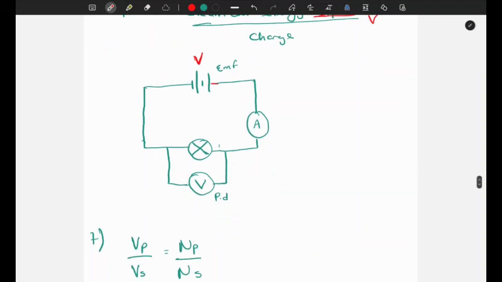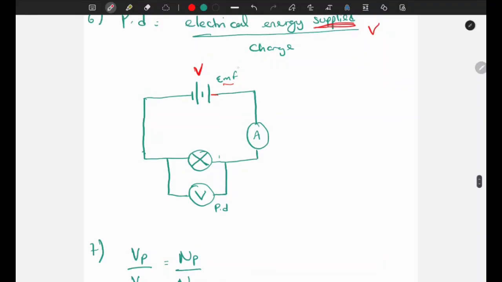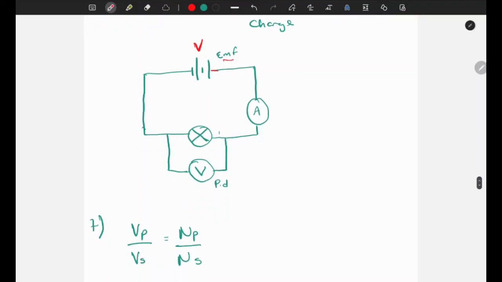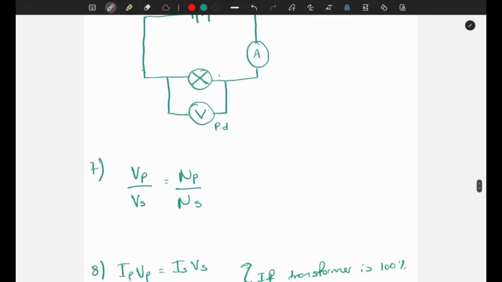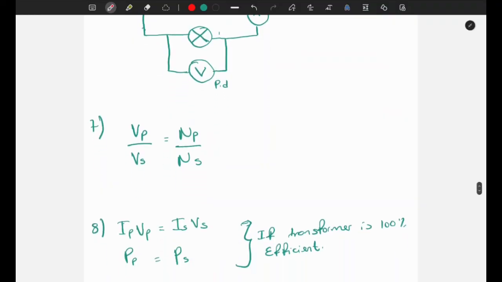The potential difference is the voltage supplied to the lamp, and EMF is the voltage generated from the battery. Now you see the difference, right? EMF is the one generated by the battery. PD is the one supplied to a component. That's the slight difference.